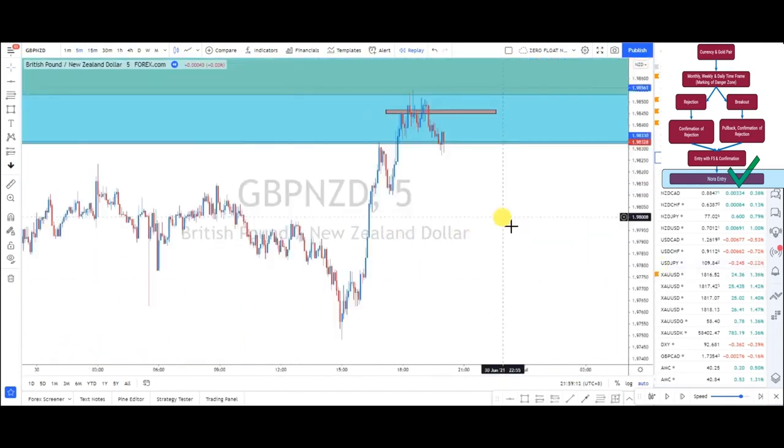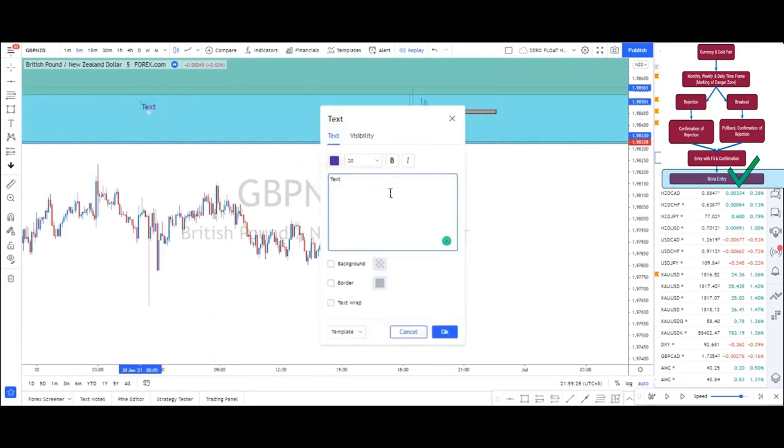So the confidence that I have that this price is going to react and going to go down is very high. The chance is 90%. I have that confidence because of the reasons I'm going to write down here. First reason why I have the confidence: price reacted from the monthly danger zone.